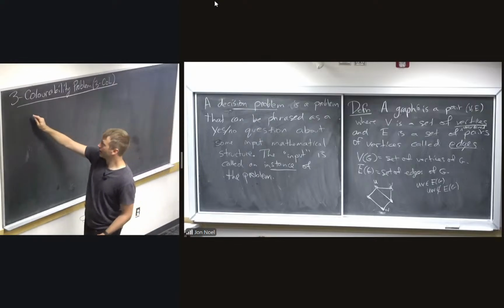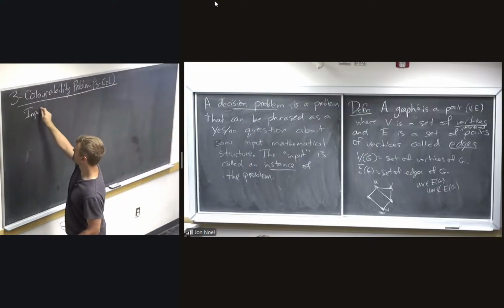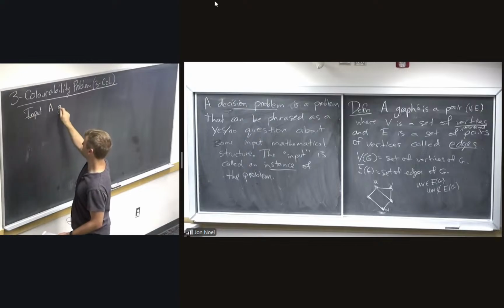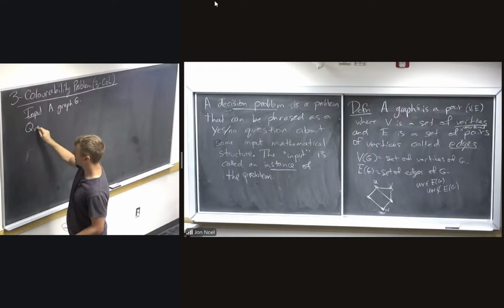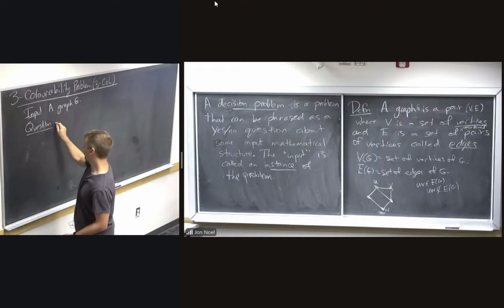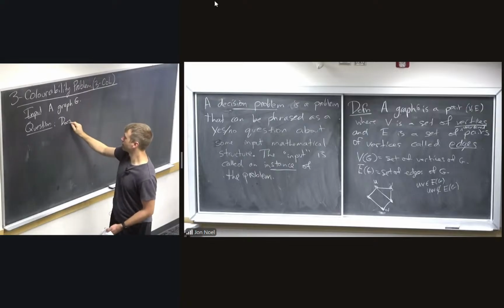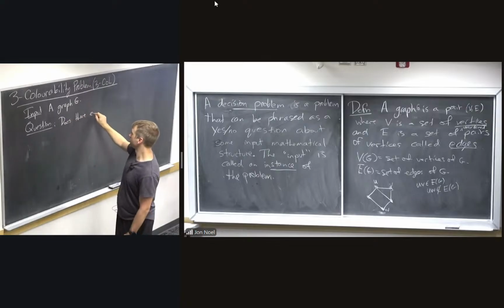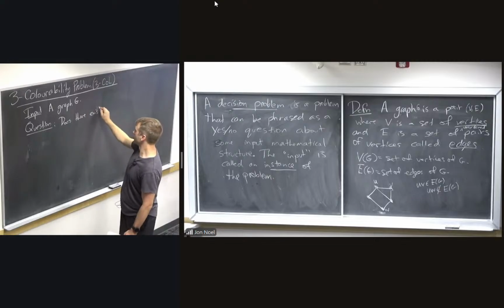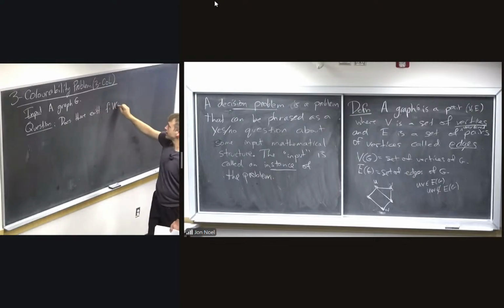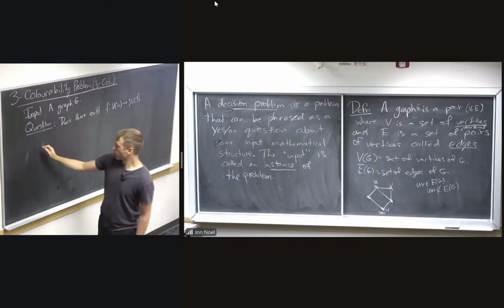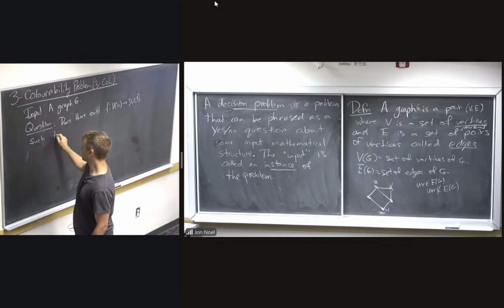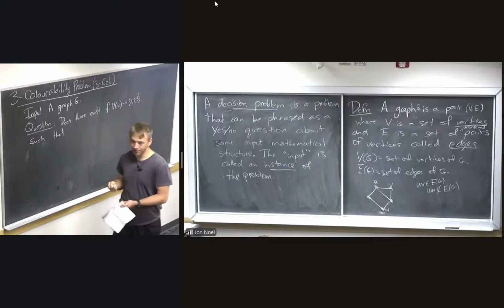The input for this problem is just a graph G. And the question it's asking is, does there exist a function f from the vertices to the numbers 1, 2, and 3 such that adjacent vertices get different colors?